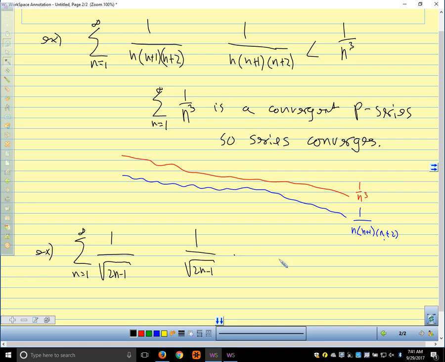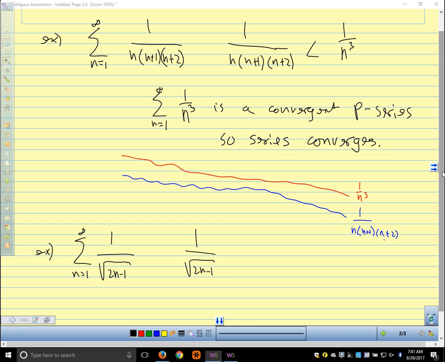If you want to compare to 1 over n, you're going to have to show me that the square root of 2n minus 1 is less than n. Could we compare it to 2n minus 1 and then say that 1 over 2n minus 1 is greater than 1 over n?